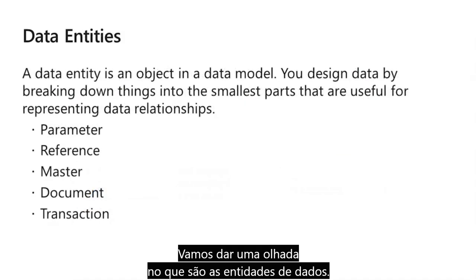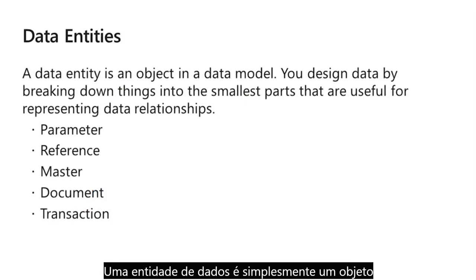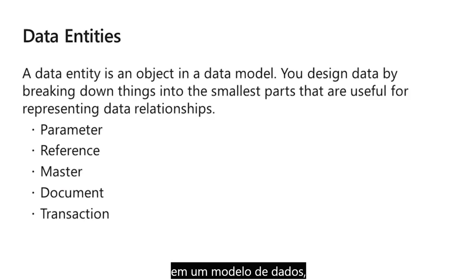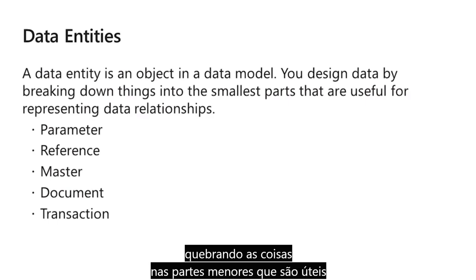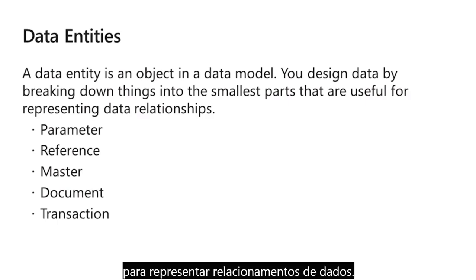So let's take a look at what data entities are. A data entity is simply an object in a data model. And you design data by breaking down things into the smallest parts that are useful for representing data relationships. For example, a vendor entity encompasses and combines over 17 different tables and data sources into a single vendor entity.